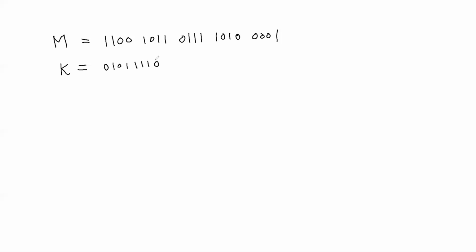So now I am going to apply this exclusive OR encryption. First I know that this is 8 bits, or 1 byte. And now we divide this M into blocks.